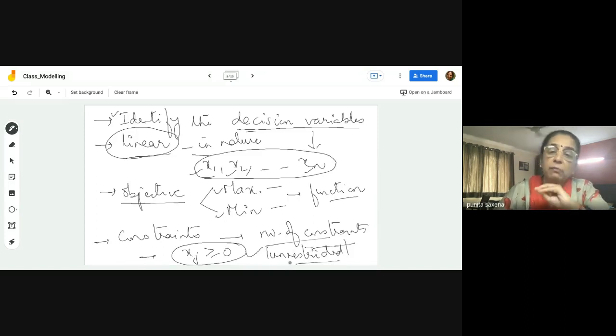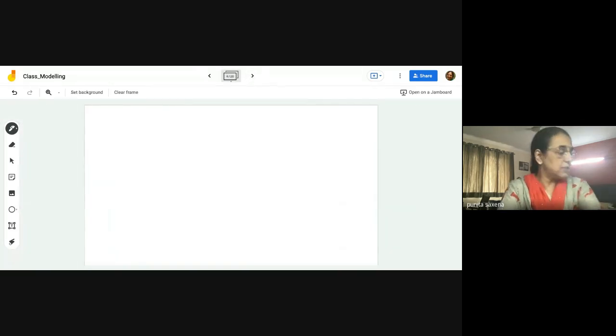We do have methods to solve linear programming problems where the variables are unrestricted in sign as well, so they can be negative as well. That depends upon the situation. But for us at this moment, this is going to be our non-negativity restriction. Is this clear? Just one yes or no will do.